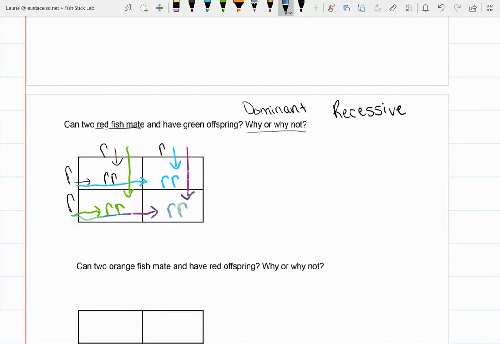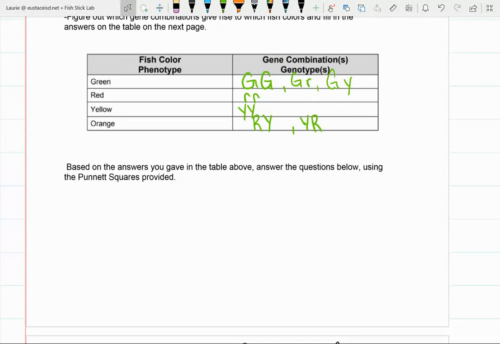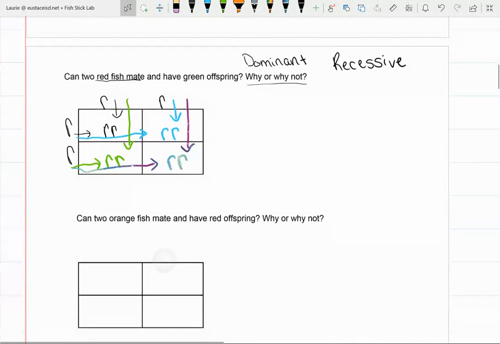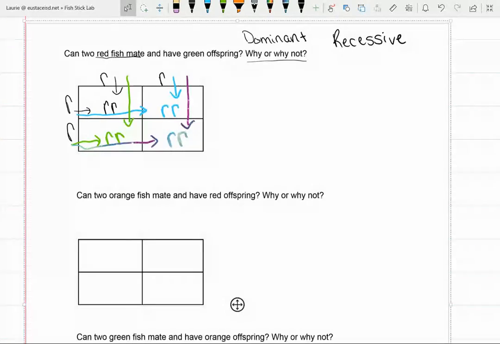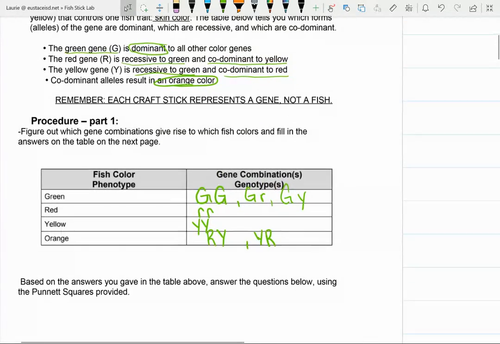So you're going to answer the question, can 2 red fish mate and have green offspring? Well, you can look. All of them are r r, and that homozygous recessive r gene, when they're together, makes a red fish. Why don't they have a green gene? Well, because it already told us that the green gene is dominant to all other colors.